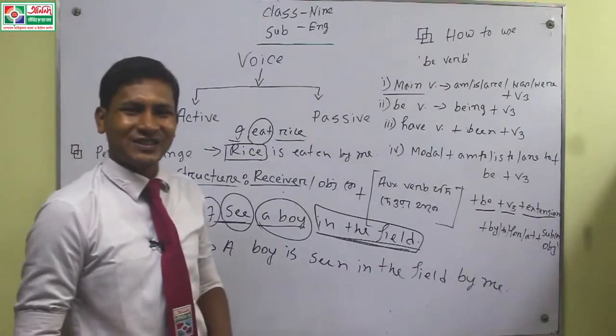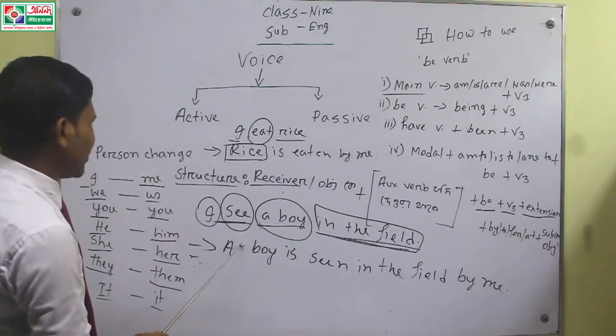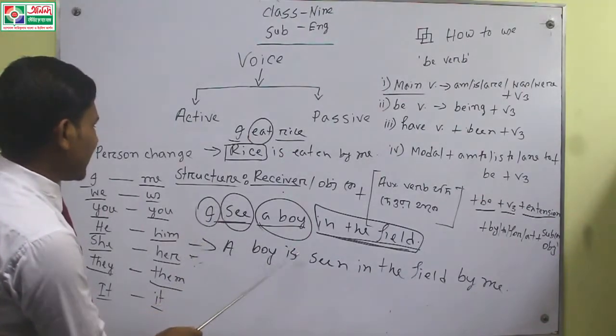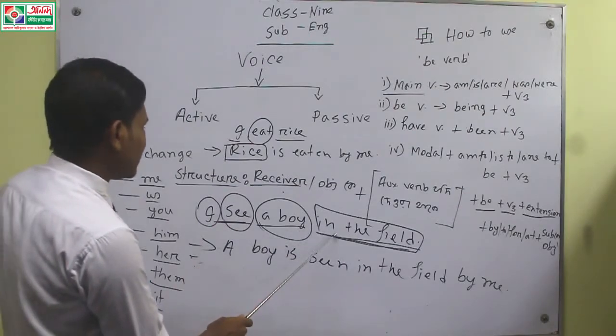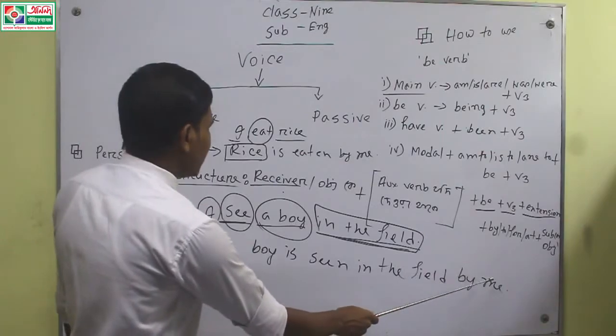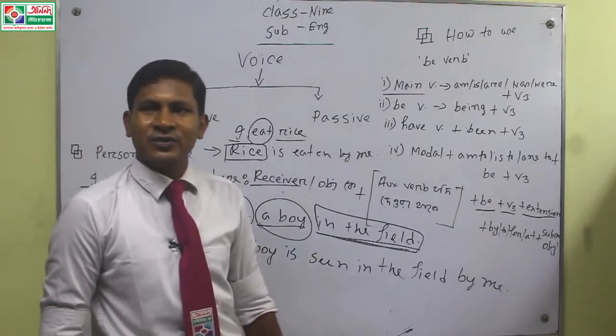Understand, all of us? At first we use here the object, a boy. Then is according to subject verb agreement. The V3 form, seen. Then the extension in the field. Then the preposition by. Then the objective form of I. Do you understand, all my students?